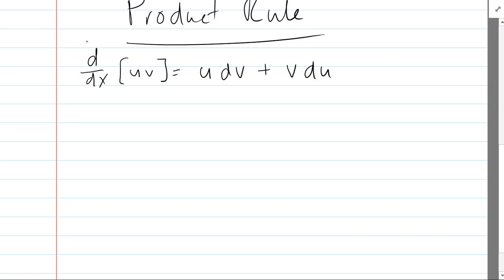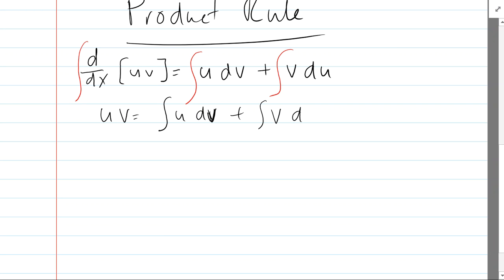If I integrate this and this and this, will I get back where I started, to uv? uv equals the integral of u dv plus the integral of v du.